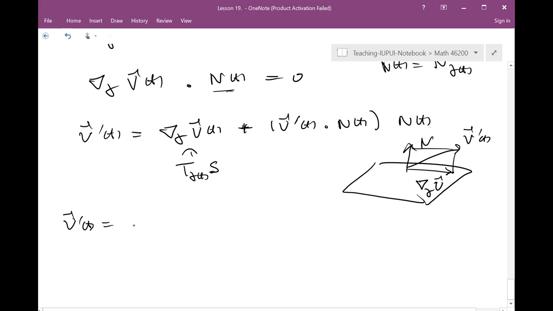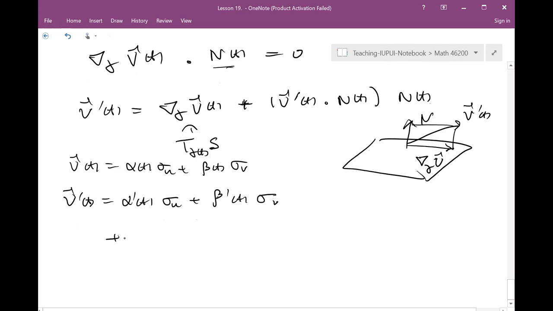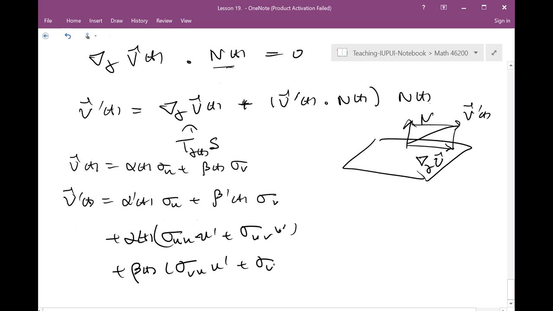So when I differentiate, remember V of t is alpha of t sigma U plus beta of t sigma V. I just differentiate twice. Good, that is in the tangent space. Then I have to differentiate the second part, and then sigma VU, U prime, sigma VV, V prime.